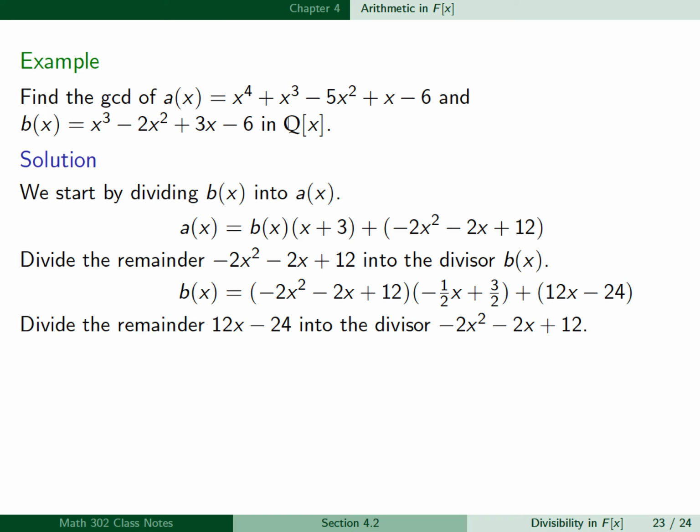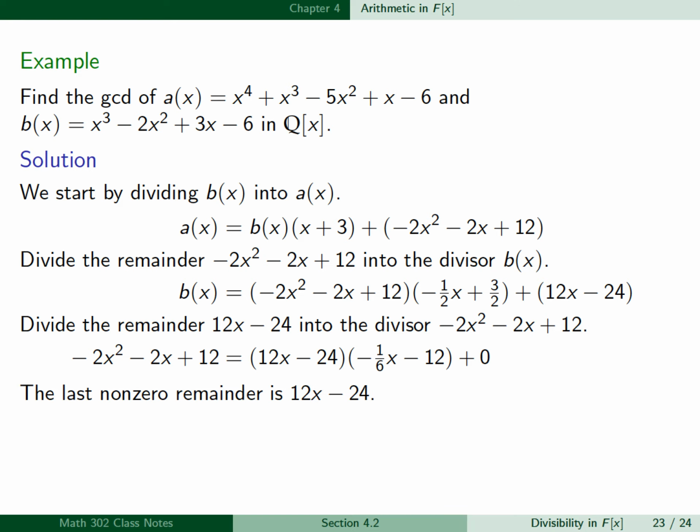Then divide the remainder 12x minus 24 into the divisor minus 2x squared minus 2x plus 12. And we obtain minus 2x squared minus 2x plus 12 is 12x minus 24 times minus 1/6 x minus 1/2, plus 0.